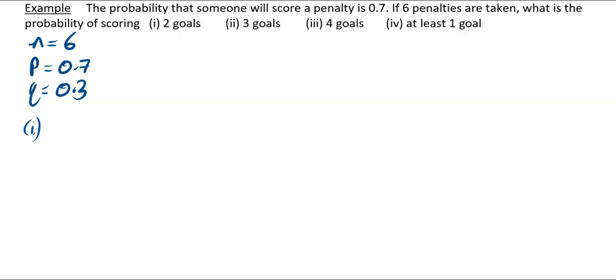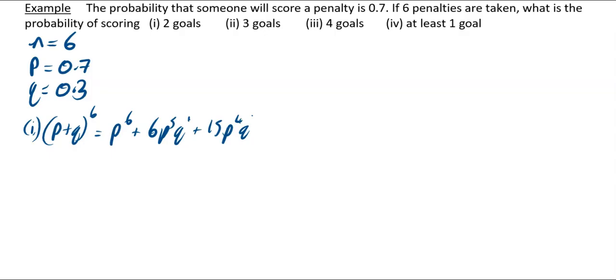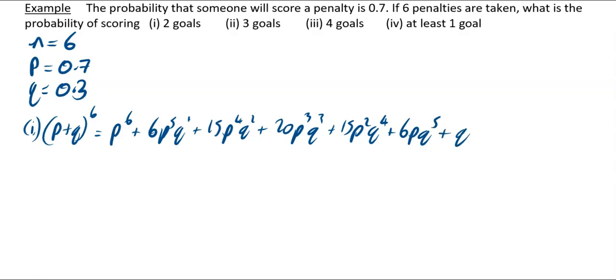From your Pascal's Triangle, which I haven't drawn this time, (p + q) to the power of 6 would be equal to p to the power of 6 plus 6 p to the power of 5 q to the power of 1, plus 15 p to the power of 4 q squared, plus 20 p cubed q cubed, plus 15 p squared q to the power of 4, plus 6 p times q to the power of 5, plus q to the power of 6.